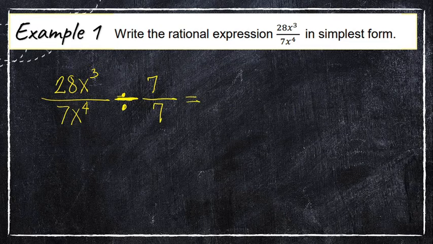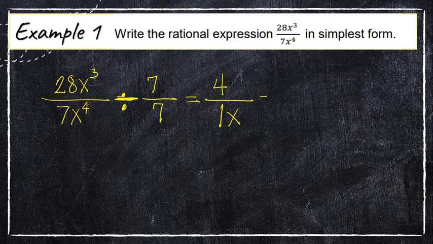28 divided by 7 is 4, while 7 divided by 7 is 1. Now, for the exponent of the variables, we're going to subtract 3 from 4 and the answer is 1. Since the highest exponent is 4 and it is in the denominator, you're going to write the answer in the denominator, and that is x.